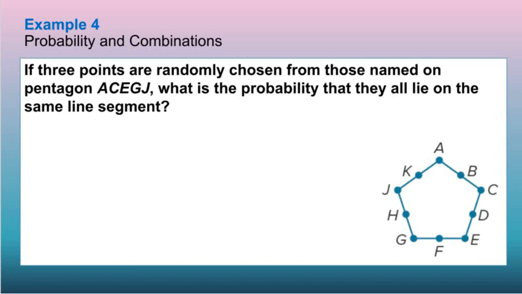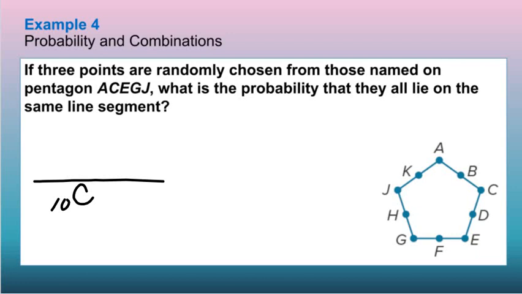Our example here. If 3 points are randomly chosen from those named on pentagon ACEGJ, what is the probability that they all lie on the same line segment? For this one, we need to find the total. So for the total, we have 10 letters or 10 points.